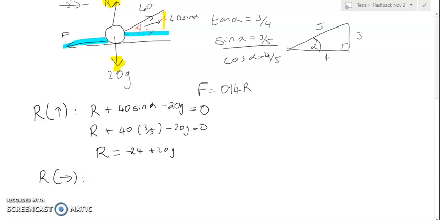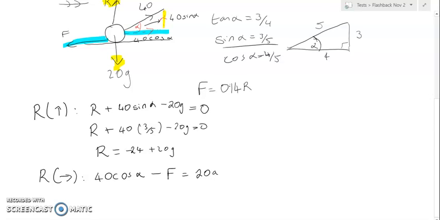The first one is 40 cos alpha, because it's next to the angle. So 40 cos alpha pulling it forwards, and then friction pulling it backwards, and this is not equal to 0 this time, it's actually accelerating, so it's equal to ma. M is 20, and acceleration is what we're trying to work out.